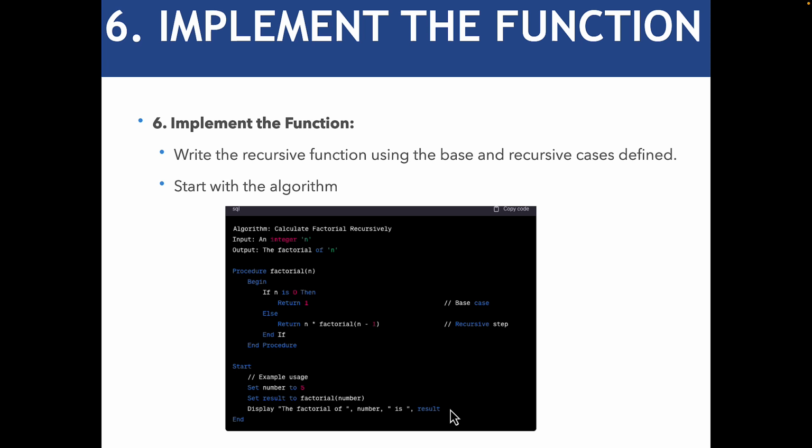Yes, Ghazi? Doctor, in the else statement, n times factorial n minus 1, the 1 shouldn't be a counter that increments? No. Now n minus 1, factorial n minus 1 is going to call itself. So it will call this function, and this one is going to be n minus 1 factorial n minus 2.